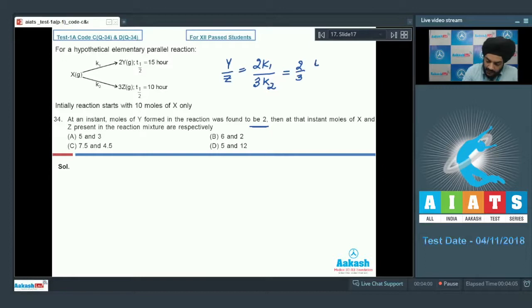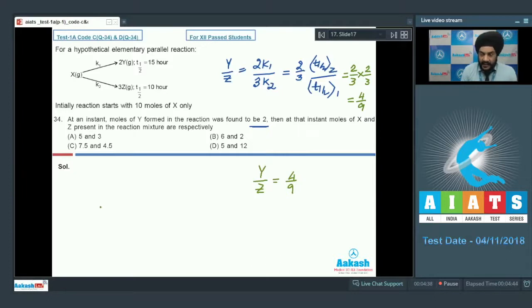So 2 by 3 into T half 2 upon T half 1, which is equal to 2 by 3 into 2 by 3, as the T half of the second reaction is 10 hours and the T half of the first reaction is 15 hours. So 10 by 15 will give us a value of 2 by 3, and this value shall be squared and we have a value of 4 by 9. So moles of Y to moles of Z present in the reaction mixture is given by 4 by 9.